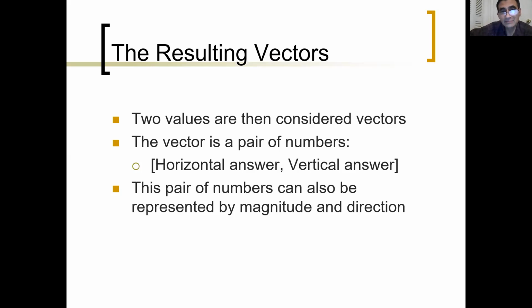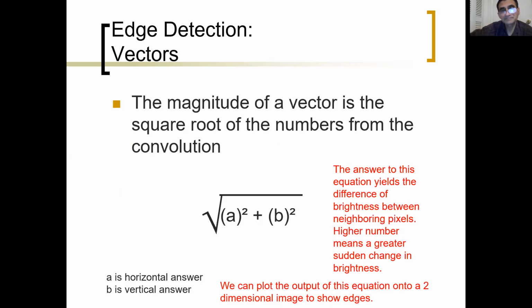And math says, because this is a vector, the pair of numbers can be represented as a magnitude. The magnitude of a vector, you all remember from your basic vector calculus or maybe pre-algebra. You take the X component and square it, you take the Y component and square it, you add them both up, and then you take the square root.